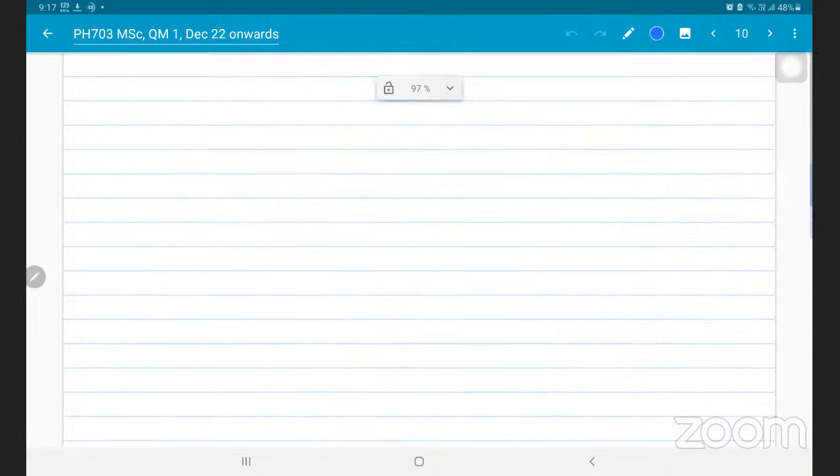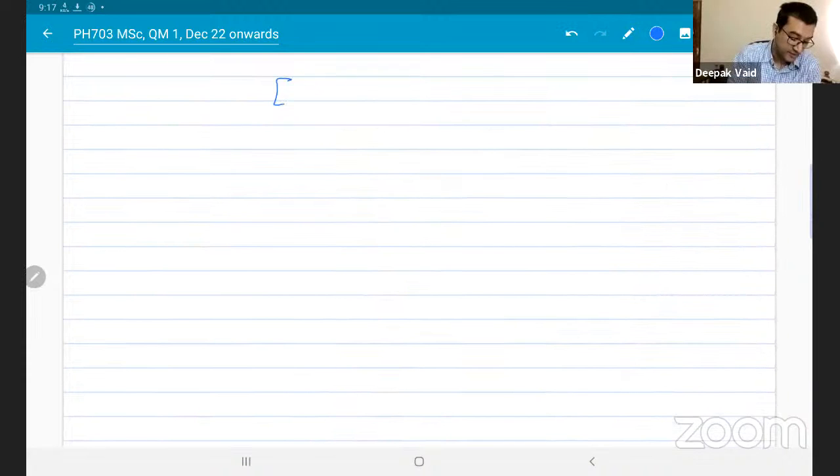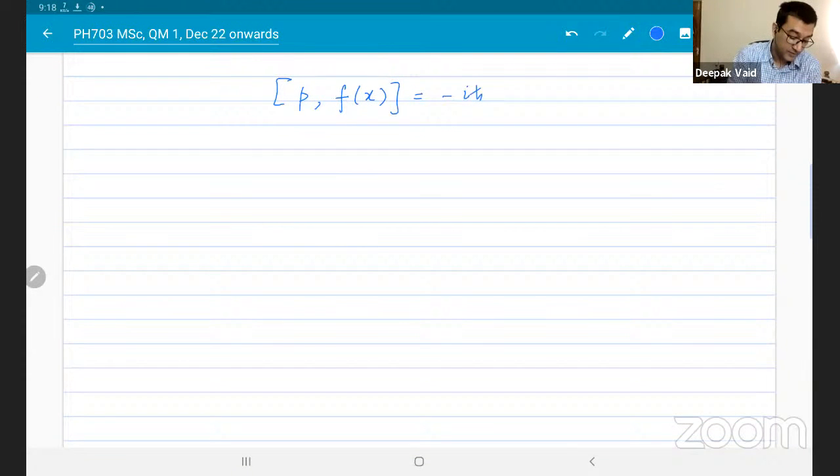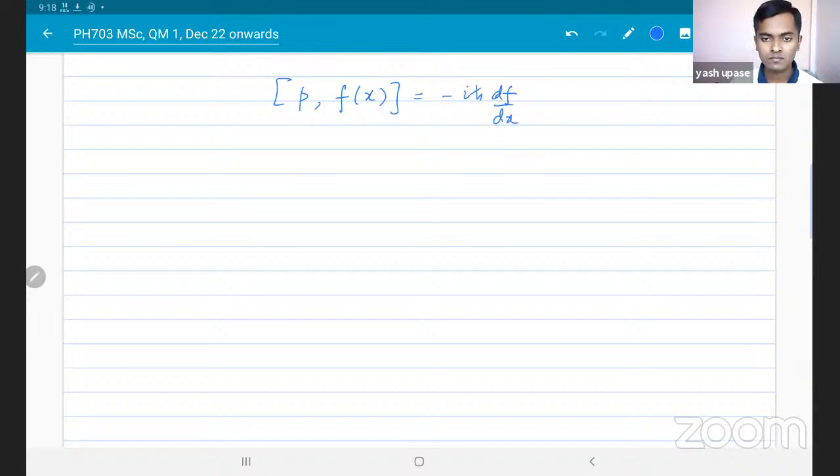So this is true for any function, right? If you take the commutator of p and any function of x, this is another problem that I've given you in the homework. Then what is this? This is equal to minus i h bar df by dx, right?